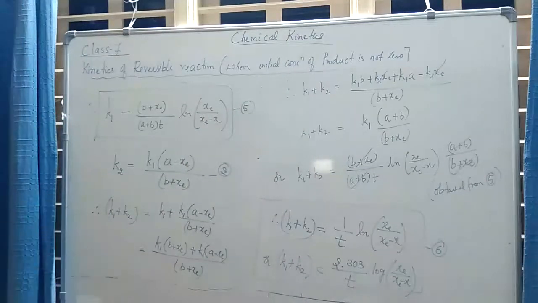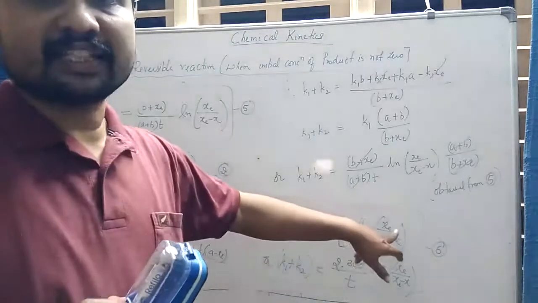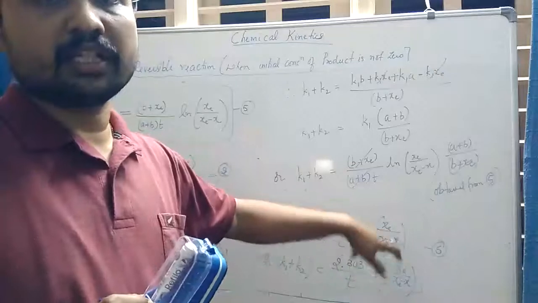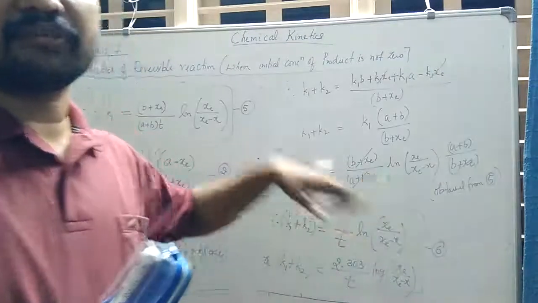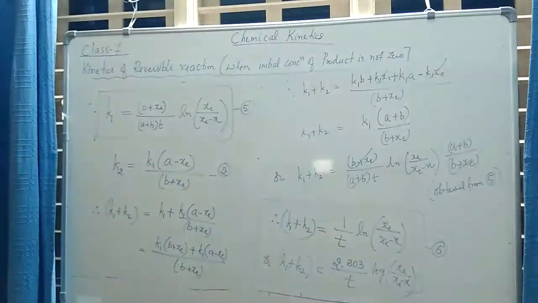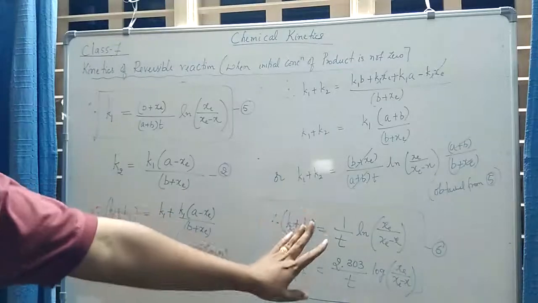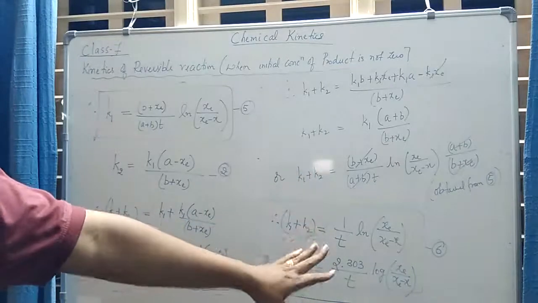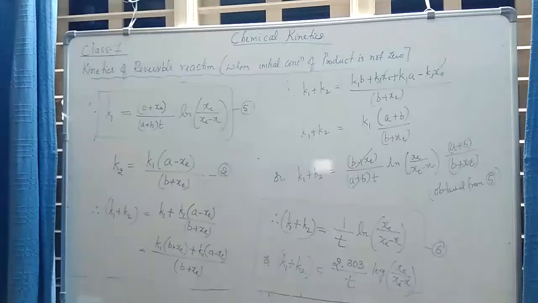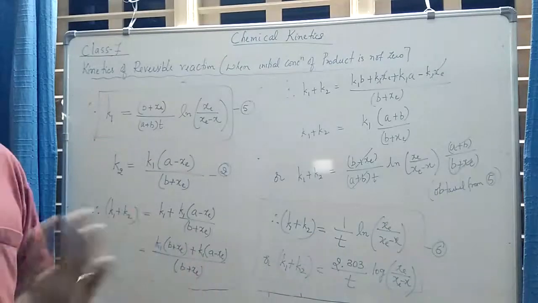Though they look similar, their values are not same, because the value of xe that we obtain in this particular case is different from the value of xe there. Okay, in both the equations xe represent equilibrium concentration, but the value of the equilibrium concentration is not same for both the cases, they differ.